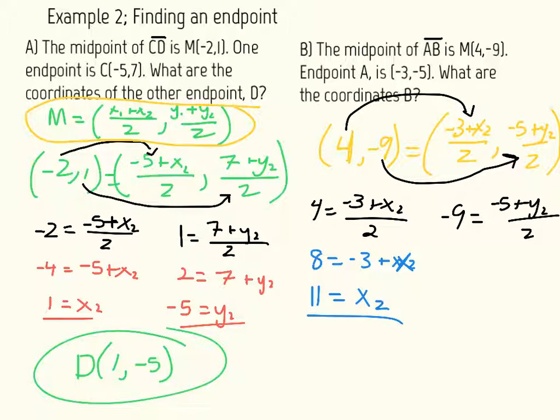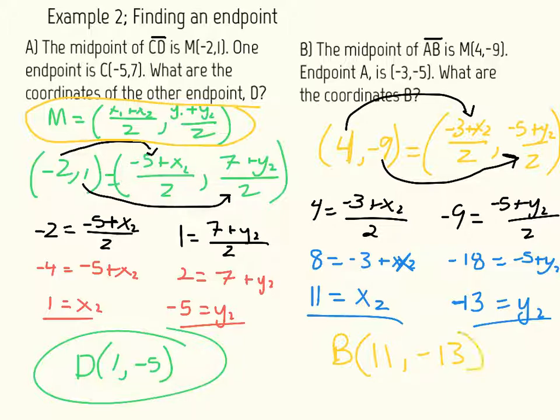And the other one, multiply by 2, giving me negative 18 equals negative 5 plus y sub 2. Add the 5 over is going to give me negative 13 equals y sub 2. So your endpoint B is going to equal 11, comma, negative 13. And that is your final answer.